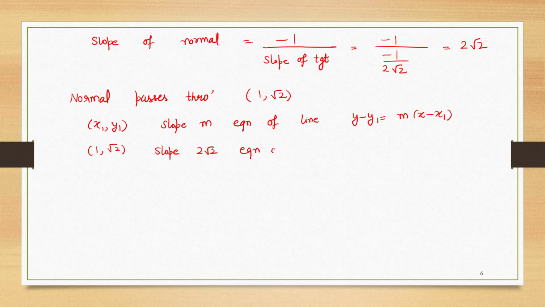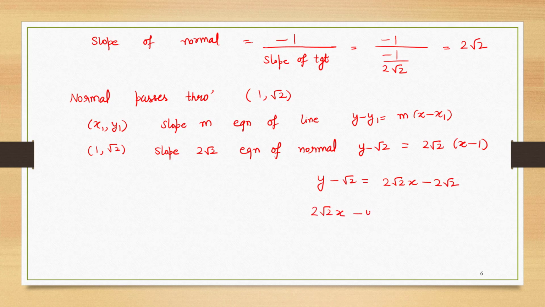So equation of normal is y minus root 2 is equal to 2 root 2 into x minus 1, or y minus square root 2 is equal to 2 square root 2x minus 2 square root 2, or 2 square root 2x minus y minus 2 square root 2 plus square root 2 equal to 0. So this is the equation of normal.